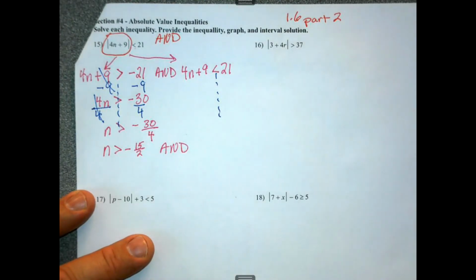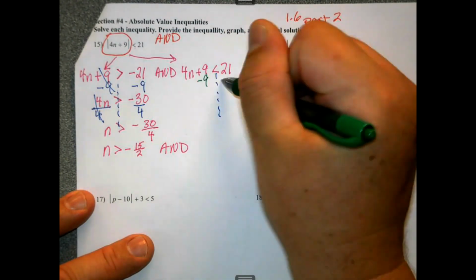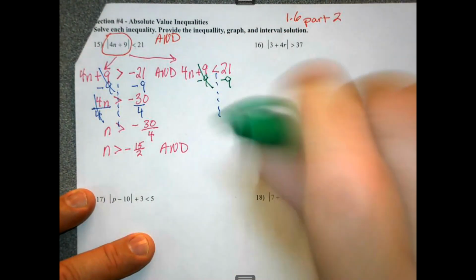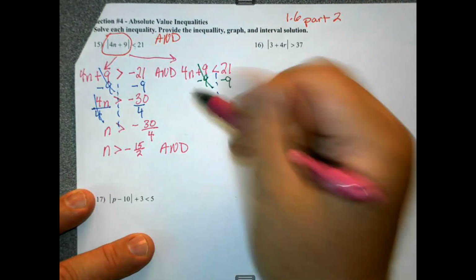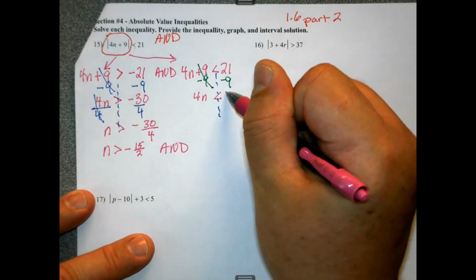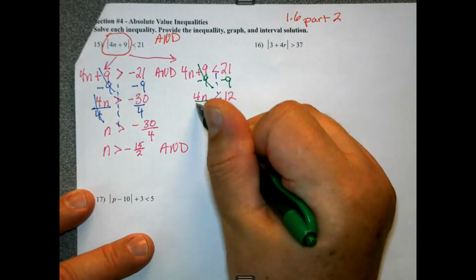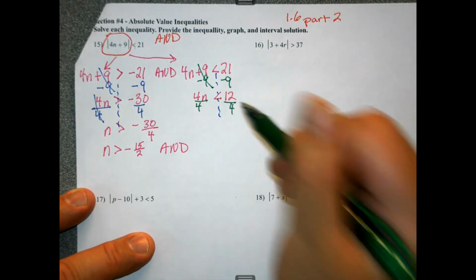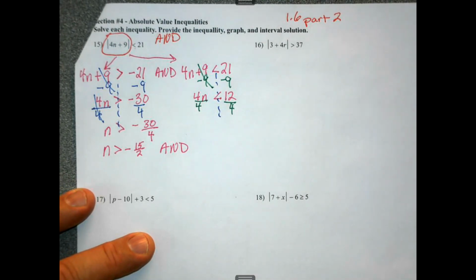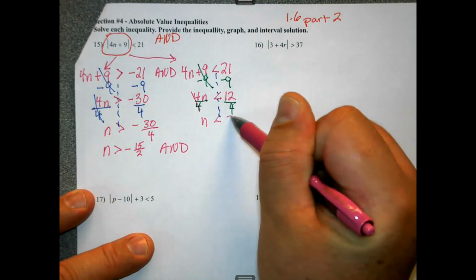Okay, to the other inequality, subtract 9, subtract 9. I get 4n is less than 12. Divide by 4. Divide by 4. I get n is less than 3.